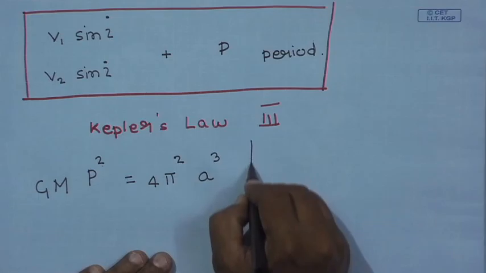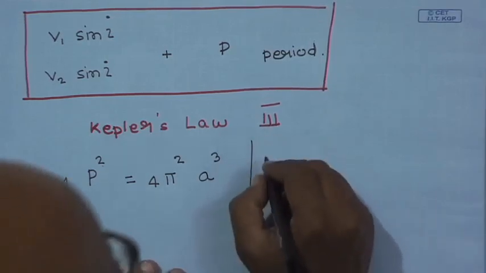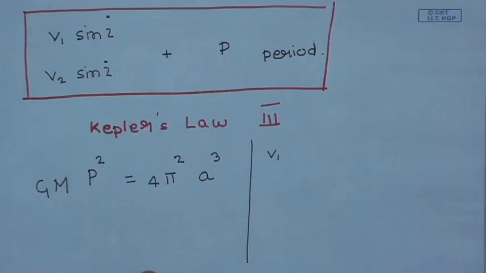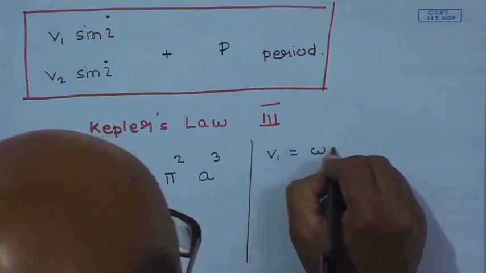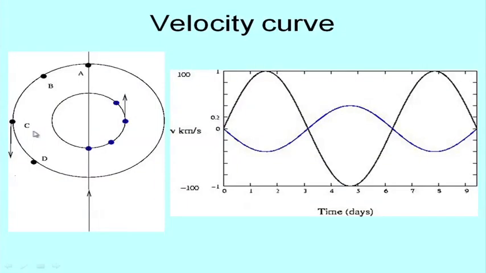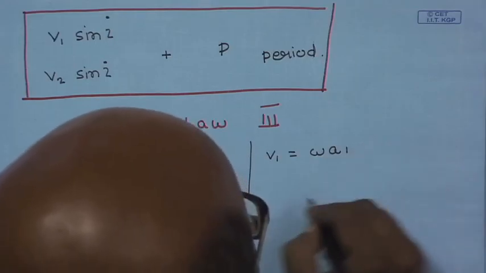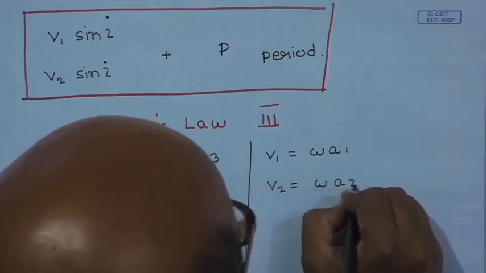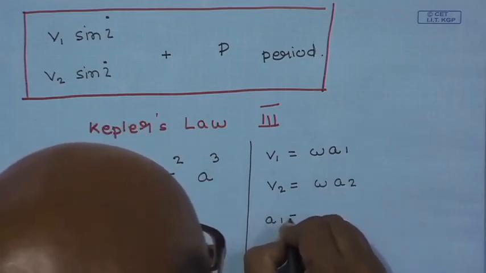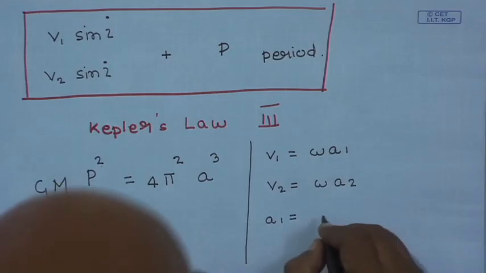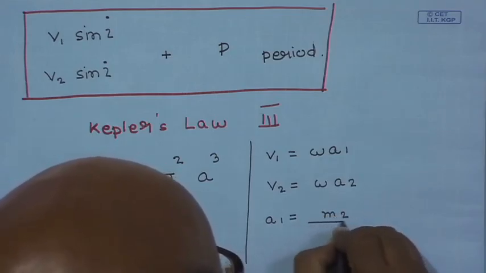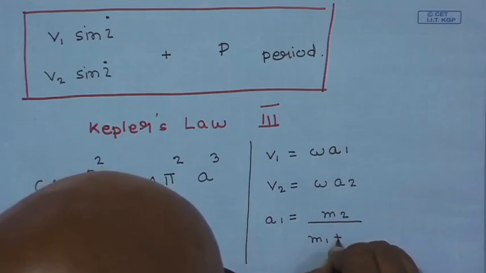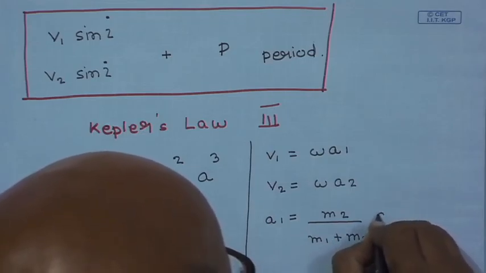So, the peak velocity of the first object can be written as omega a1, where a1 is the radius of the first object and a2 is the radius of the second object with respect to the center of mass, and v2 can be written as omega a2, where a1 is equal to M2 by M1 plus M2 into a.